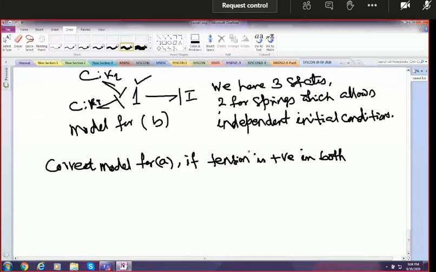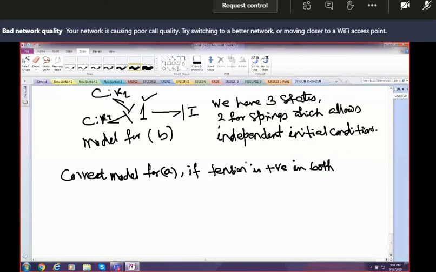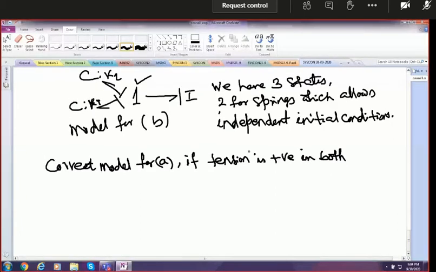Tension is positive in both the springs for the forward direction. So we will check that tension is positive. Then it will be something like this. You have one junction, which I is to K, that is perfect.